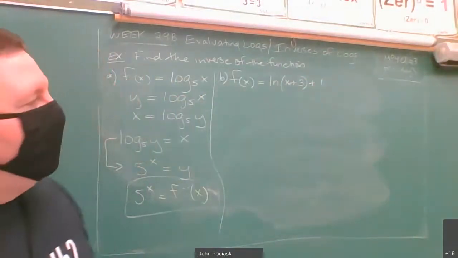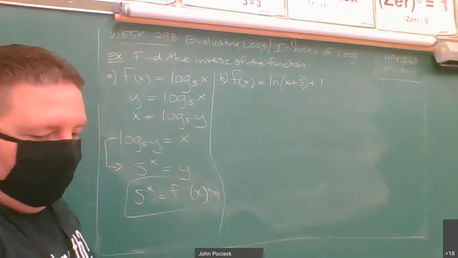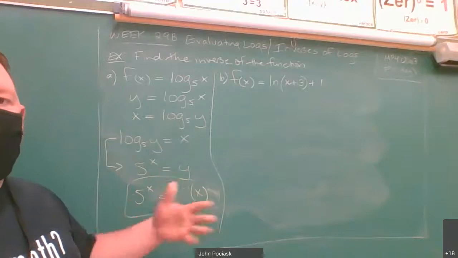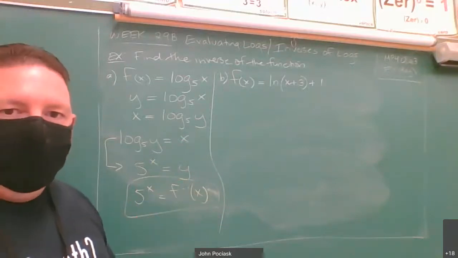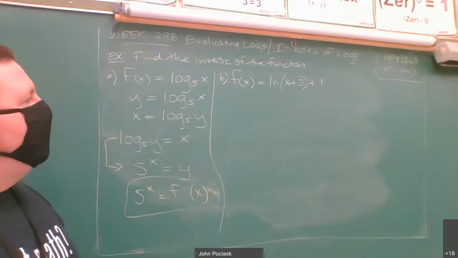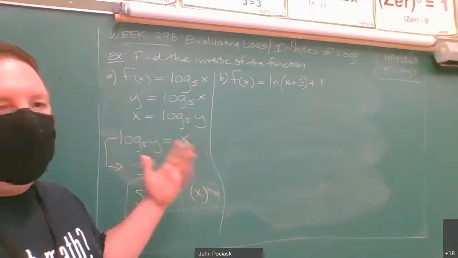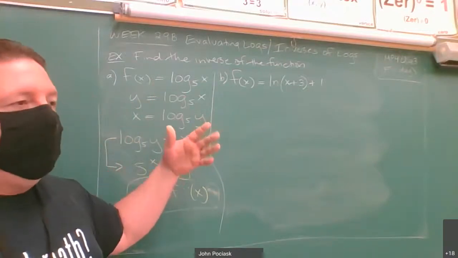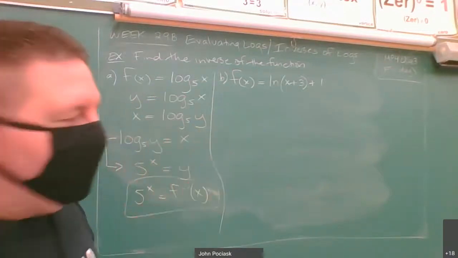I'm throwing this in here because I'm going to keep reminding you that natural log means log base e. I gave you that in the last set of notes. So anytime you see natural log, ln, for the foreseeable future, you should rewrite it as log base e.